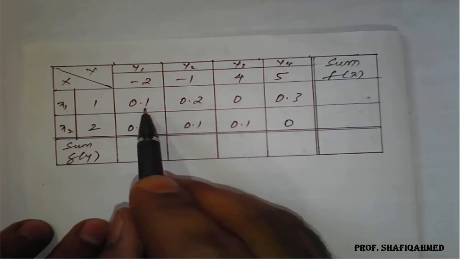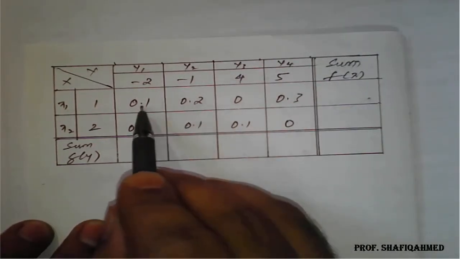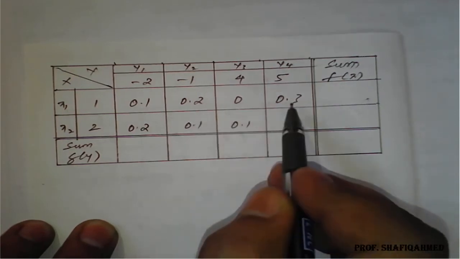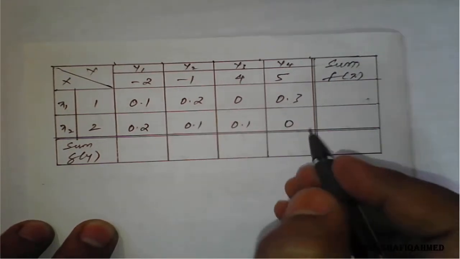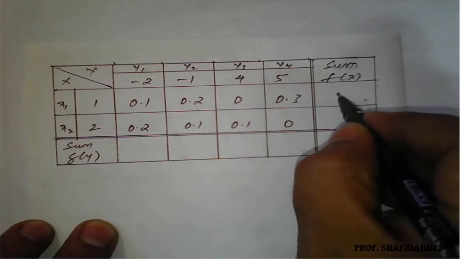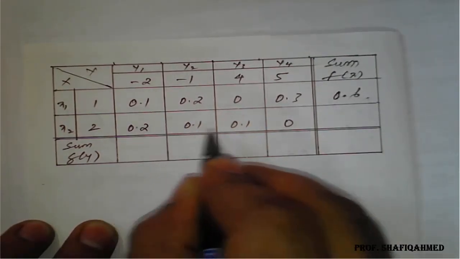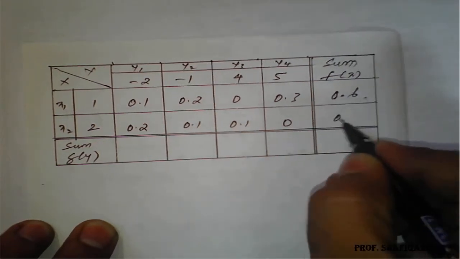So now you check it. We'll take the summation of this. 0.1 plus 0.2 is 0.3, 0.3 plus 0.3 is 0.6. Next, 0.2 plus 0.1 plus 0.1 is 0.4. If you add 0.6 plus 0.4, it will be 1.